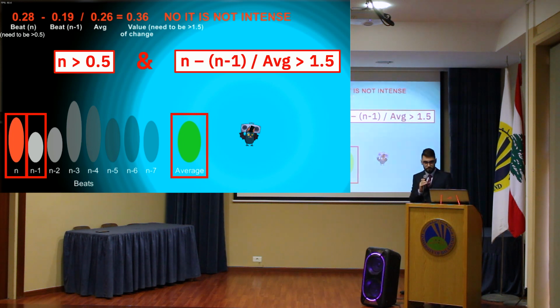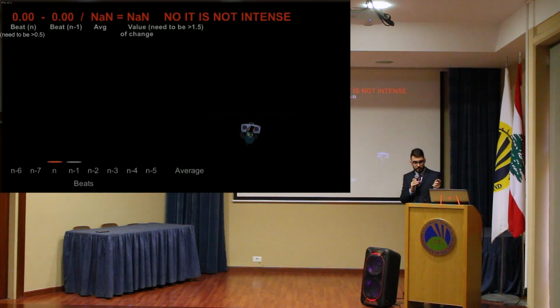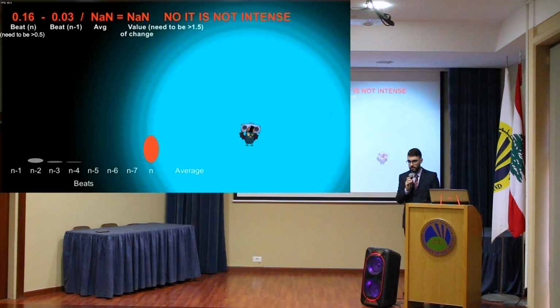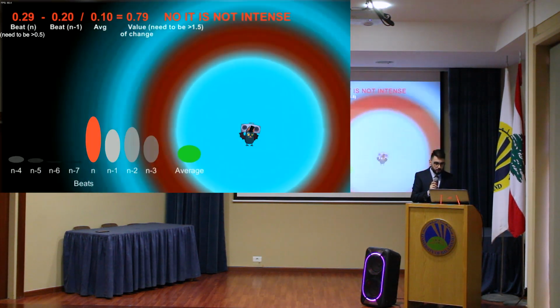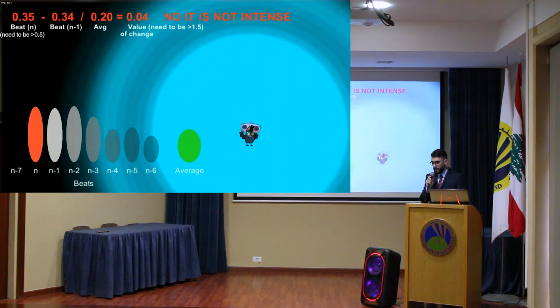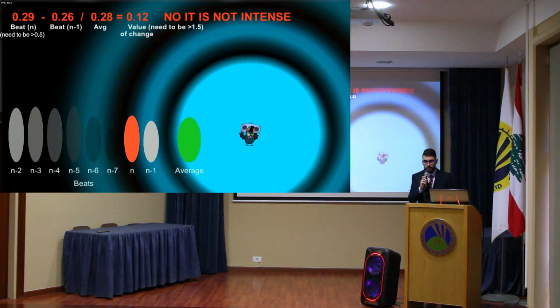So I will now let this example play so that you can get an idea of the detection. We can see the beats getting analyzed one after the other and progressing in the queue.